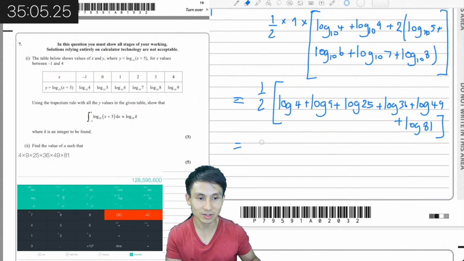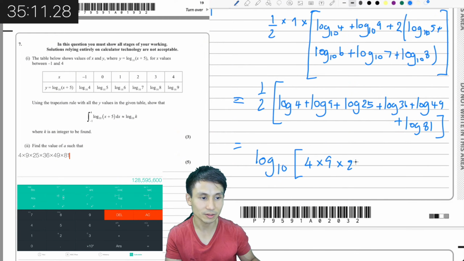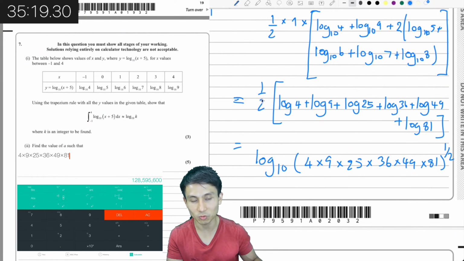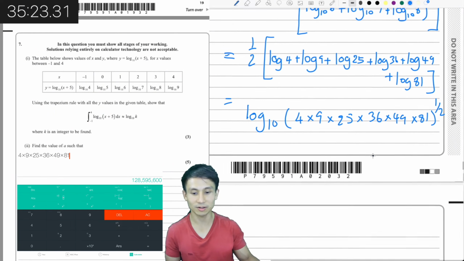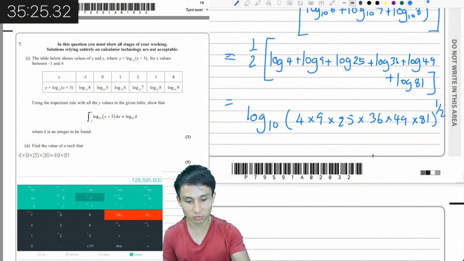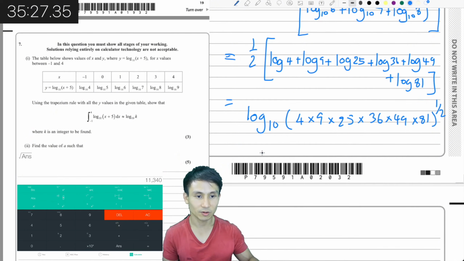So basically it is just log base 10 of all that multiplied to the power of 1/2, because you can put 1/2 here, push it to the power of the argument inside. So I'm just going to do square root of the answer here, which happens to be a nice number.